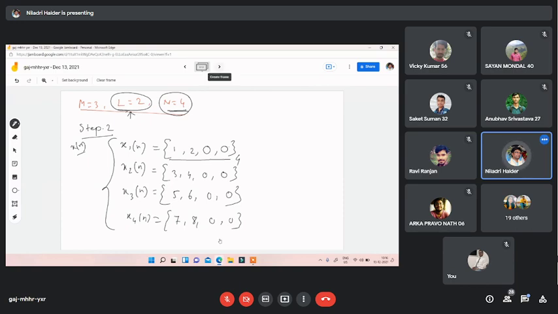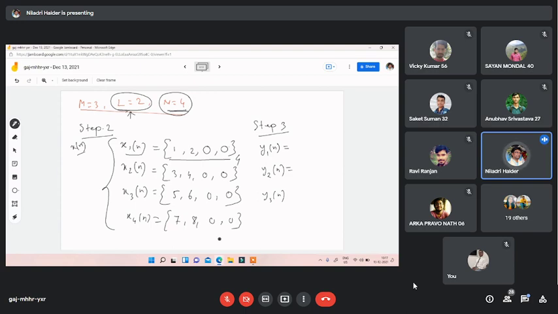In step 3, what you need to do? Simply you need to calculate y1n, y2n, y3n, and these values will be simply the convolution between the subset and your hn.